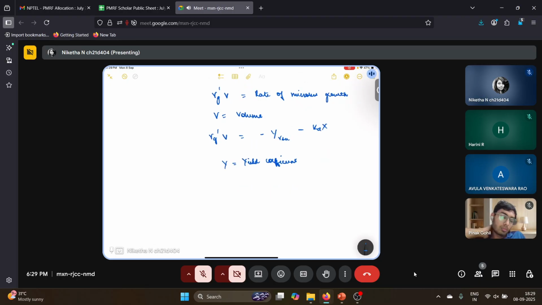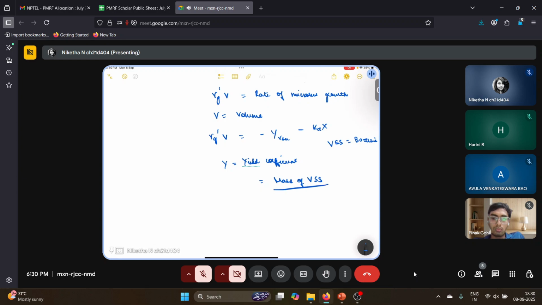Yield coefficient is nothing but the mass of VSS, where VSS here is the bacterial or microbial concentration, or mass of bacteria. VSS, or volatile suspended solids, are bacteria because bacteria are also volatile, so they come under the category of volatile suspended solids.